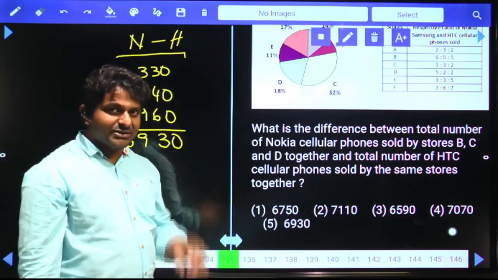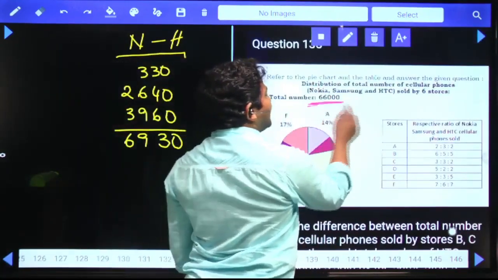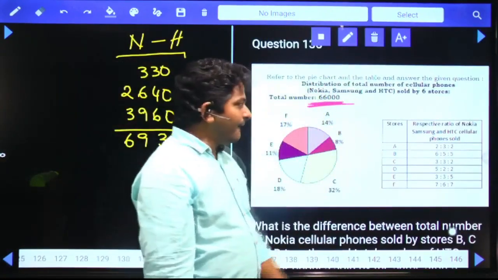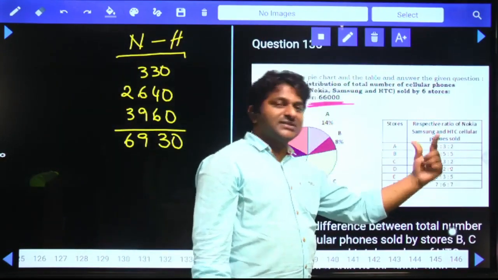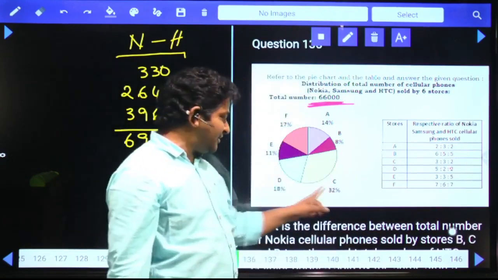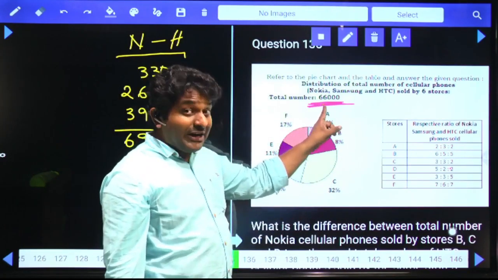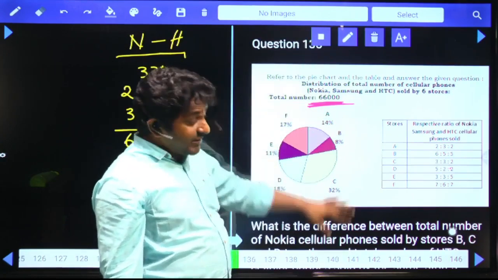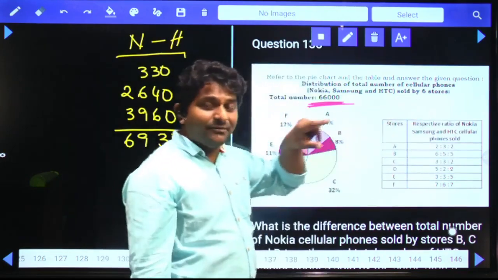Now this is one way you can solve this question. There is another way also. Every time our percentage is calculated on 66,000 only. Here you will get some number of parts, here you will get some number of parts, calculated with respect to these numbers. As this number is an 11 multiple, the difference of HTC and Nokia is also an 11 multiple for 3 stores.